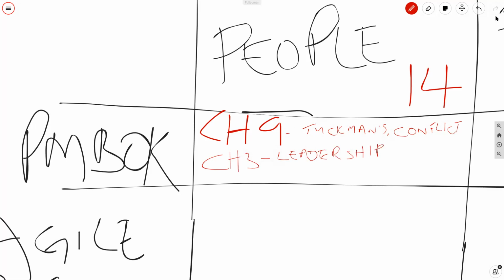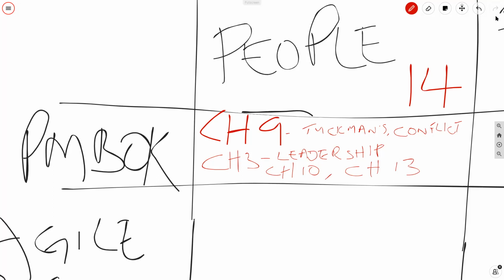You also find in chapter 10 the concept of communications, and chapter 13 the concept of stakeholder engagement. Now, for every chapter in the PMBOK guide, just remember this: every chapter has a people component where people interact.